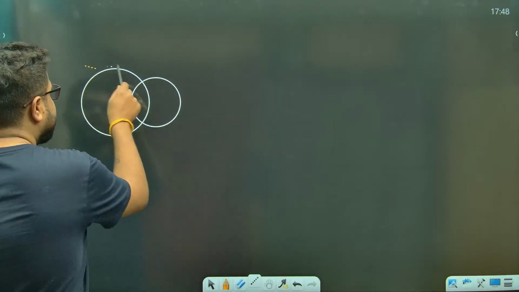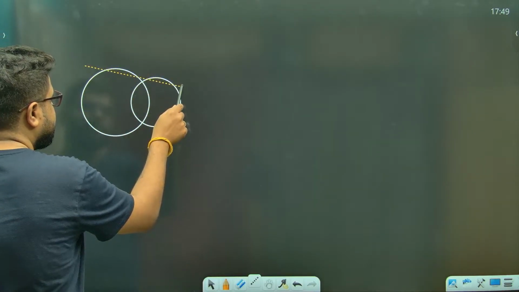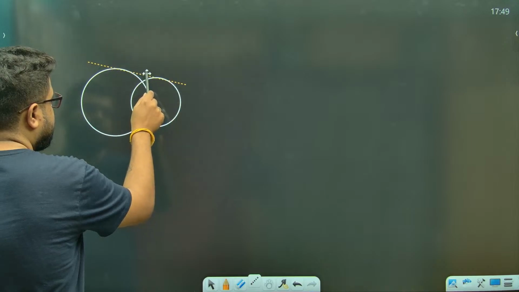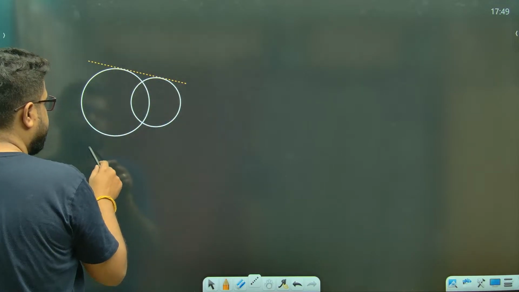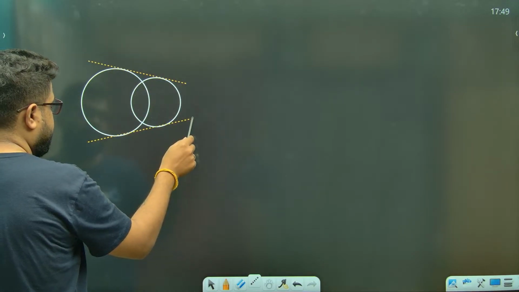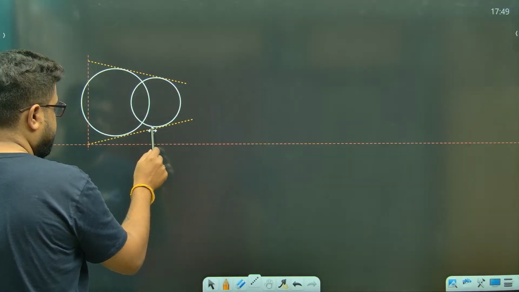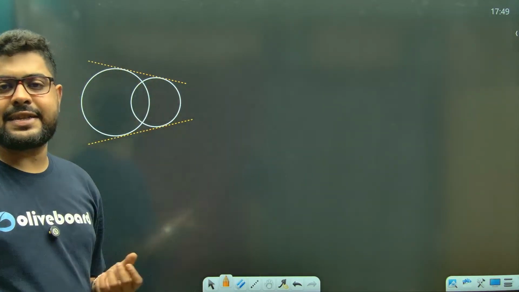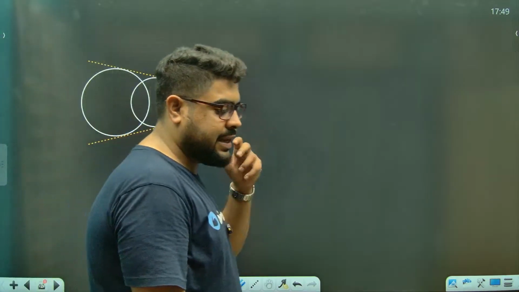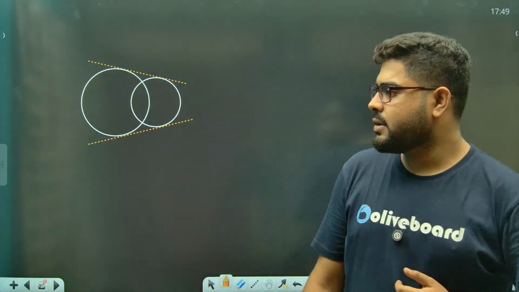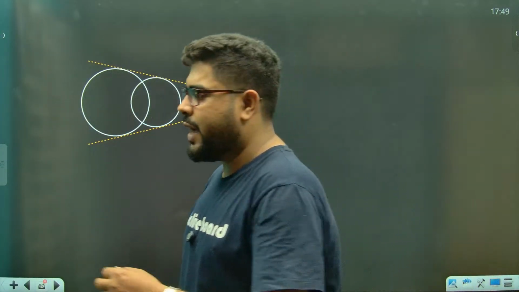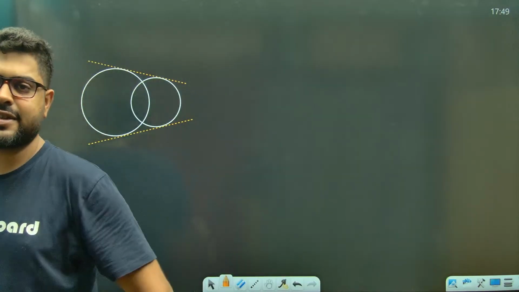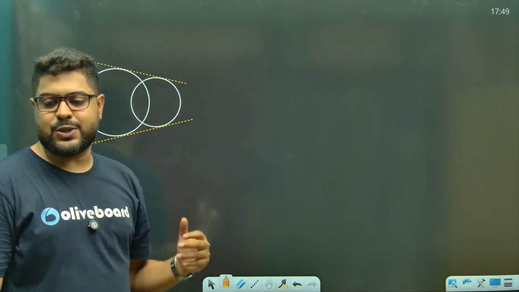Now in this situation, can I have any TCT? Can I have any transverse common tangent? You see, there is no place to draw.